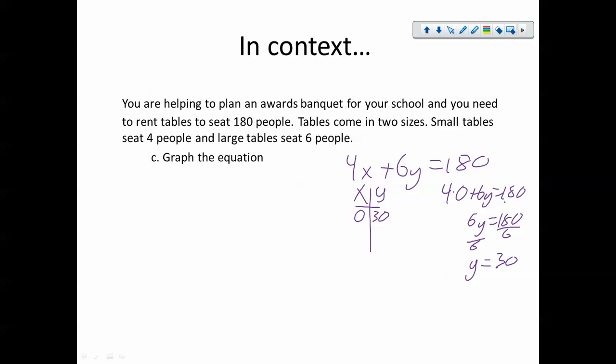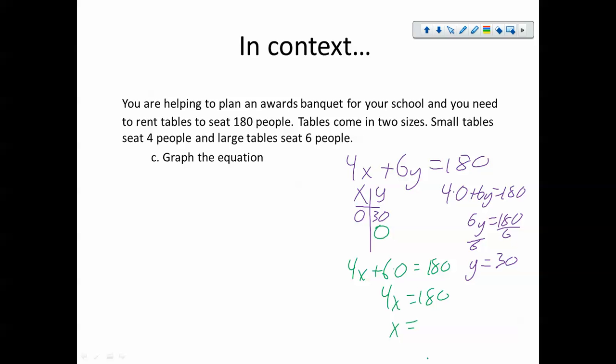All right, let's do the other one. I need 0 for y. So that's going to be 4x plus 6 times 0 equals 180, which is 4x equals 180, which is x equals, let's see, 180 divided by 4.